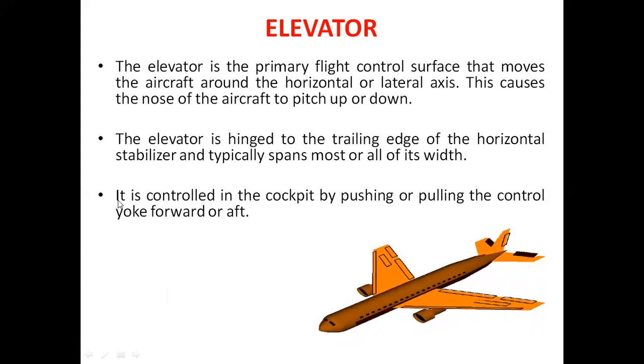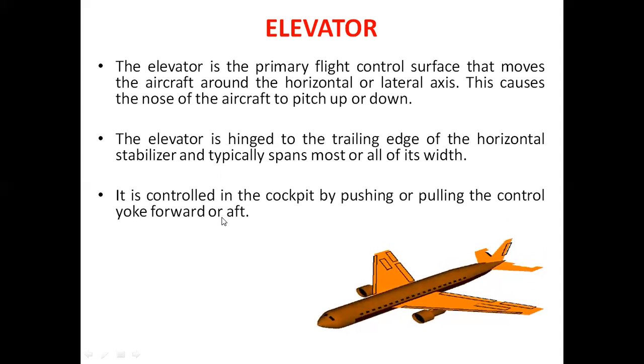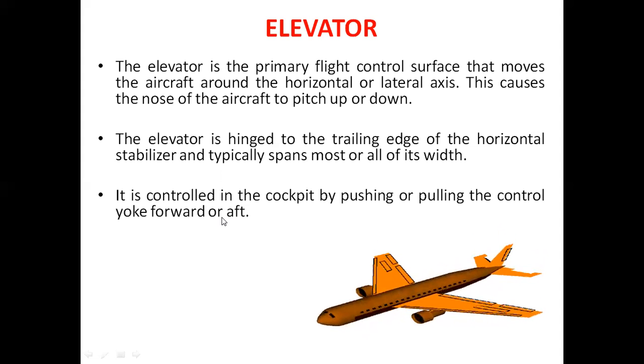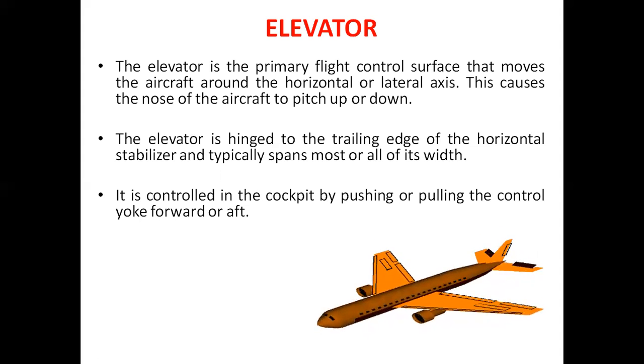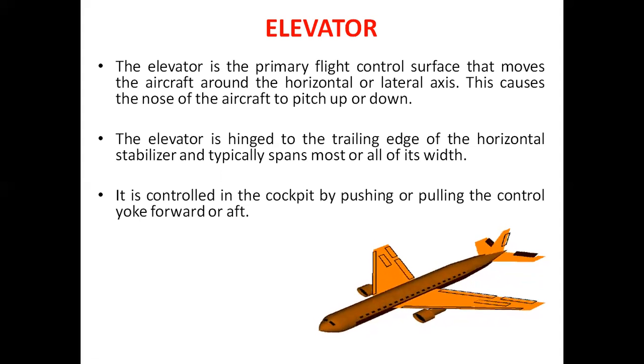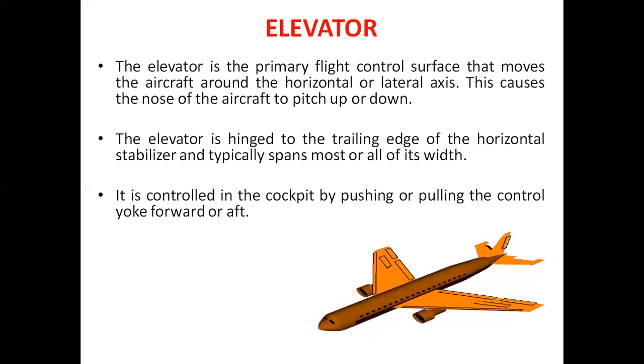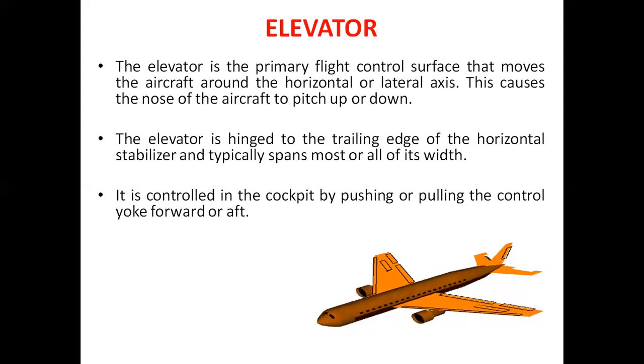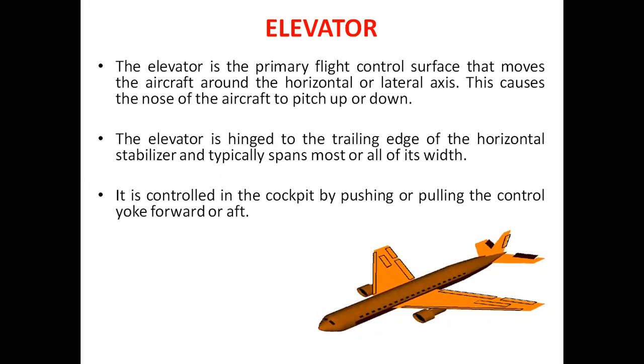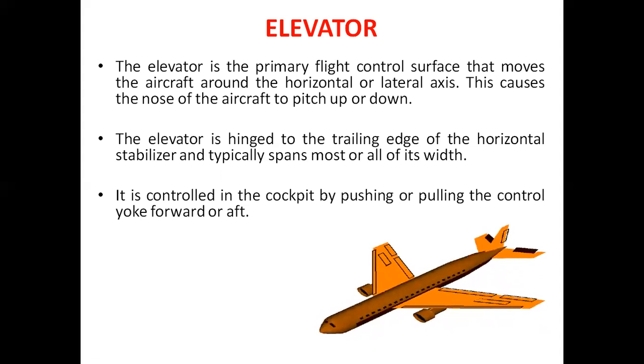The elevator is operated from the cockpit by pushing or pulling the control yoke forward and back. Once the control column moves, the elevator will get operated. Either the elevator will go up or down. When the control column is pulled, the elevator is up, nose up.